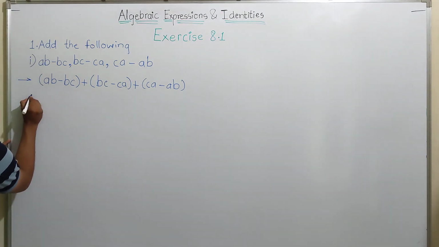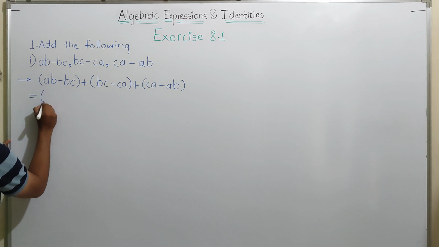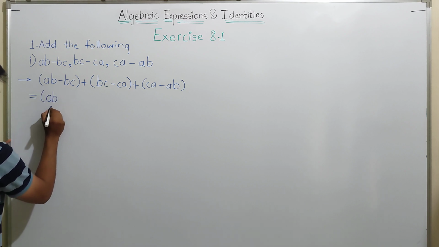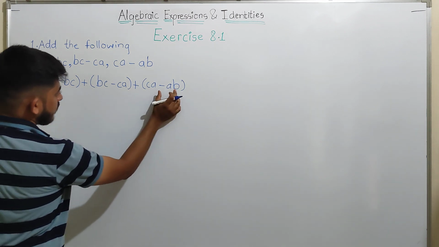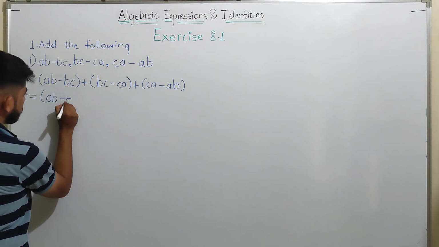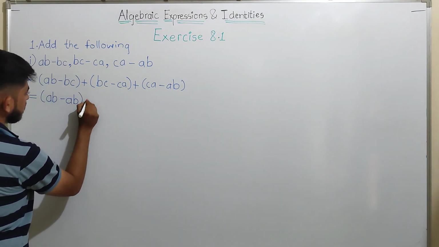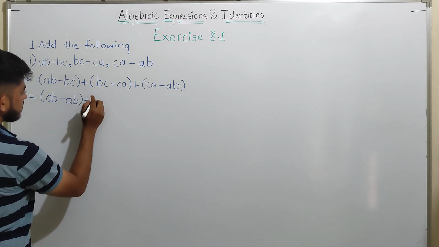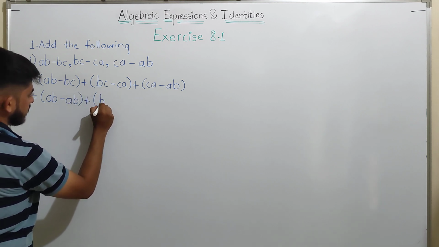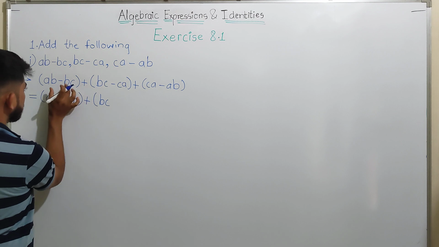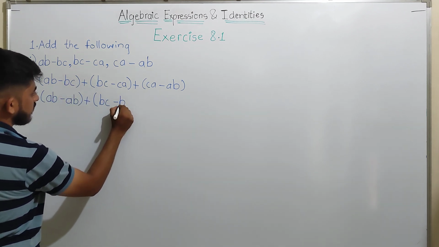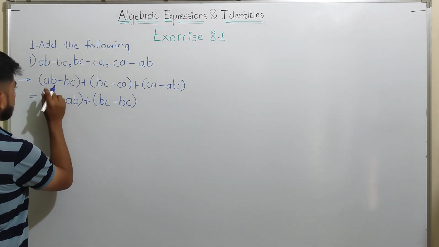So the next step you can write it as AB. Do you have AB over here? Yes, we have. That is minus AB, plus bracket BC. Do we have BC over here? Yes, we have BC. Right, BC minus BC.